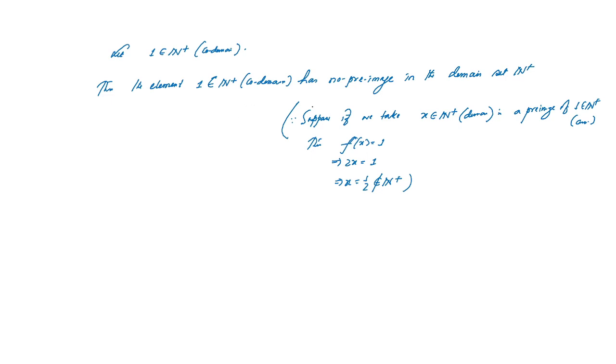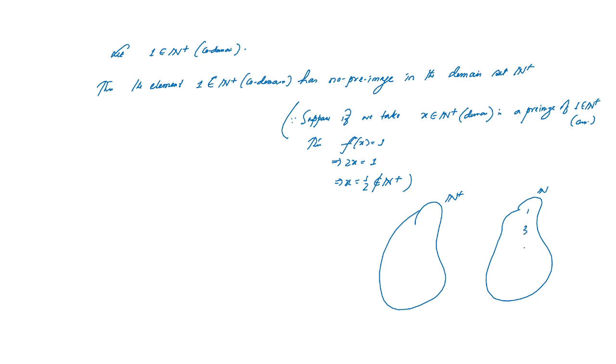Similarly 3, 5 in the codomain set have no preimage. So if we take any odd positive integer in the codomain set, that means 1 or 3 or 5 or 7 and so on, it has no preimage.